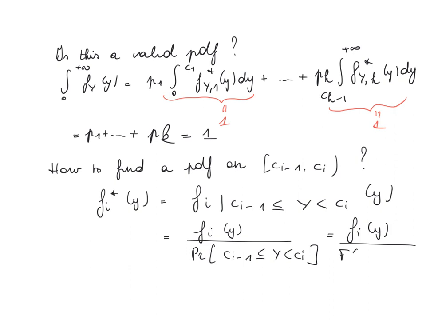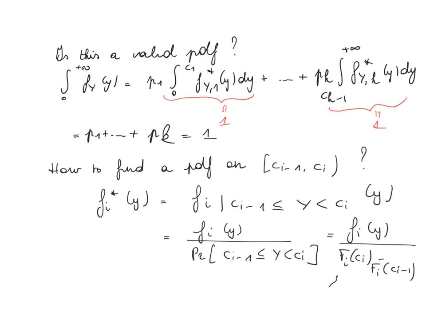divide it by the probability that a random variable, Y in this case, which is following the distribution F_i, will only take values on the interval c_{i-1} to c_i.